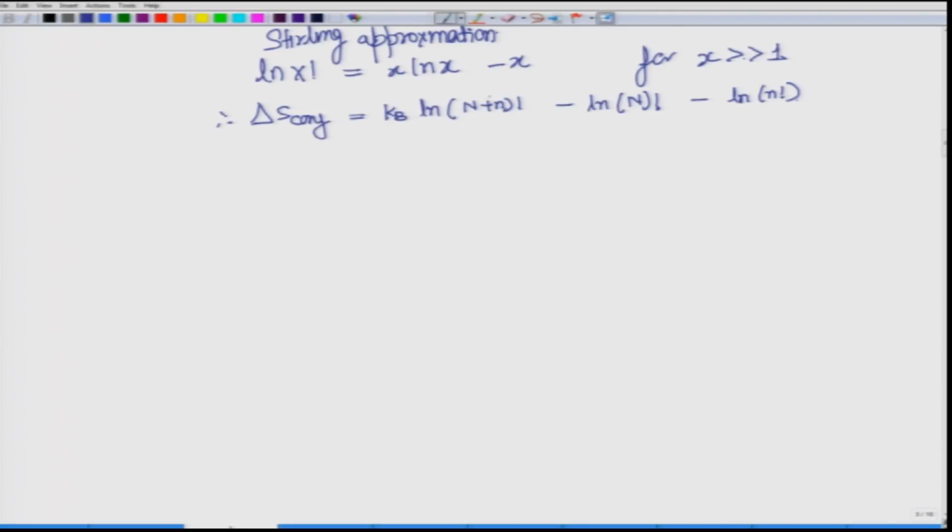So, now we will have to apply this Stirling approximation on all the 3 terms, and it is not very difficult, it will become something like this. Minus, so this is for now for the second term, we will expand the second term using Stirling approximation.